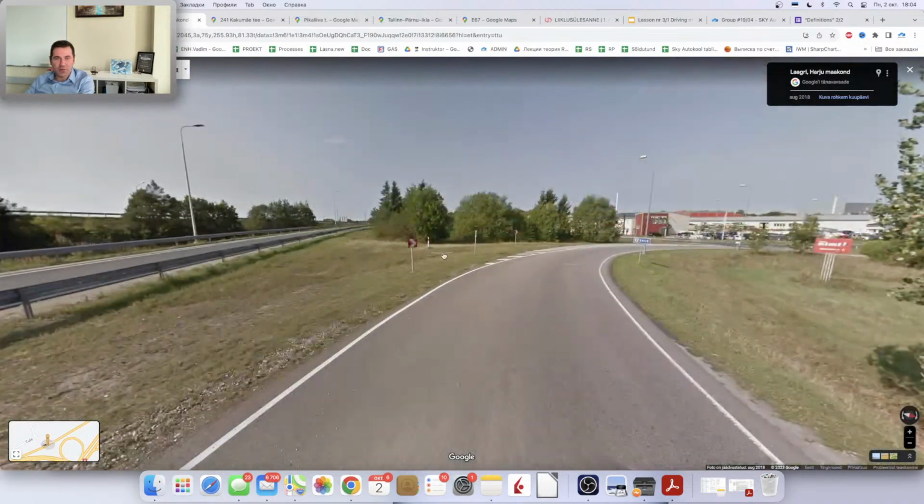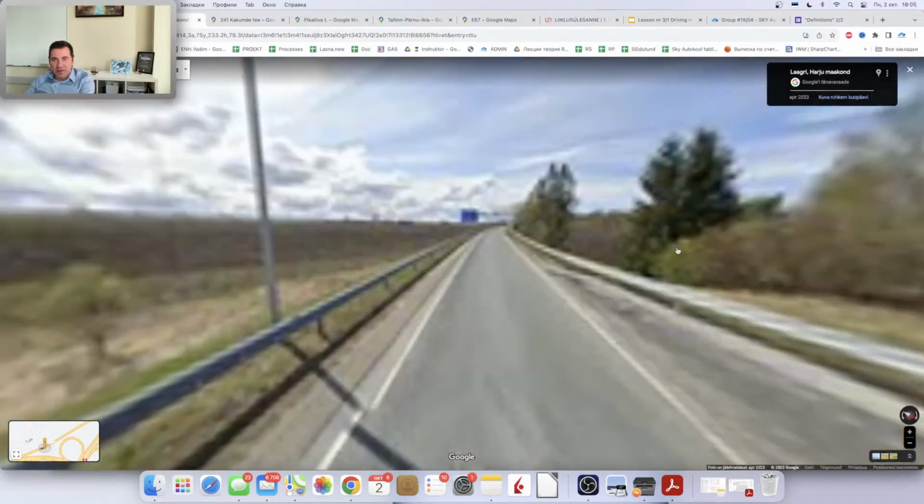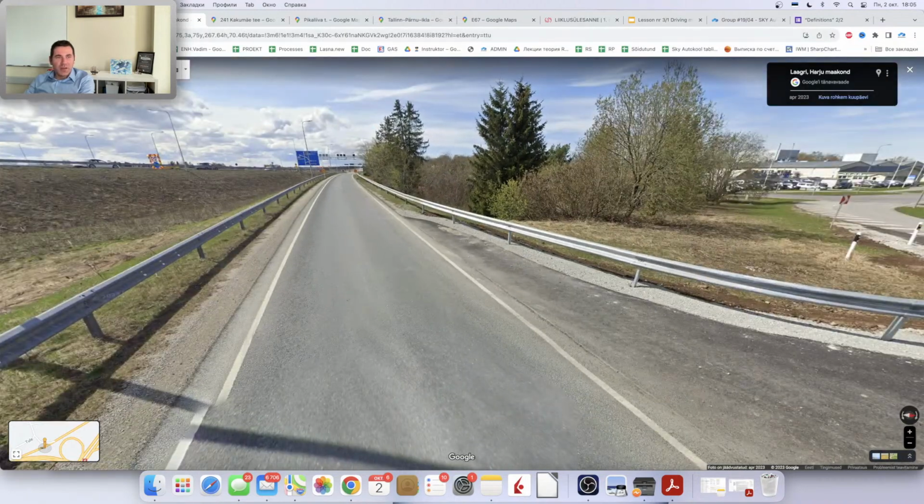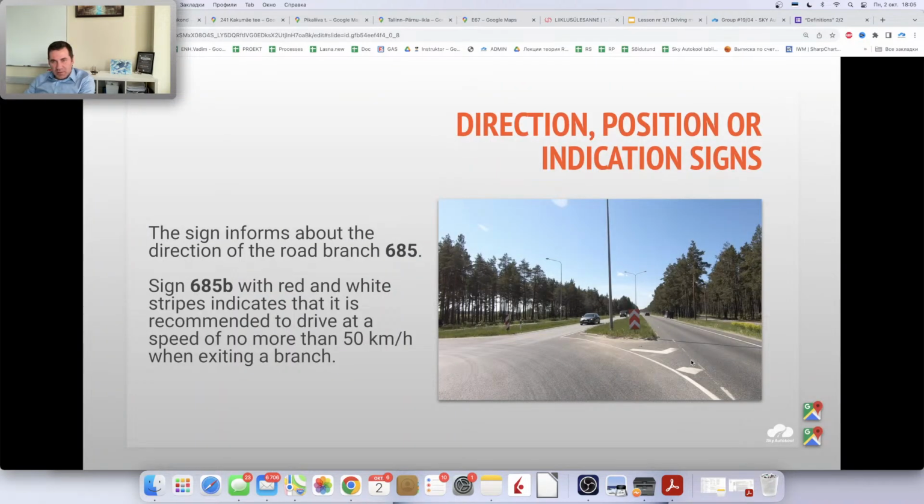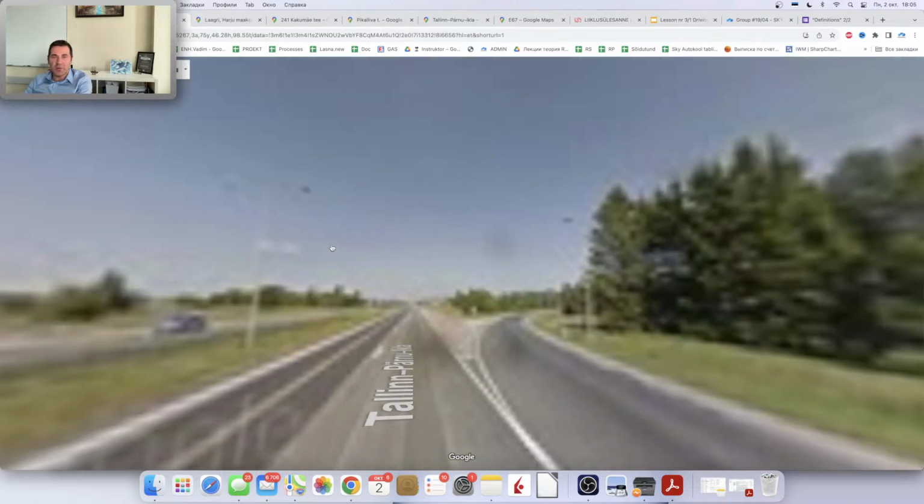Okay, and also, here is some other sign. Actually, no, sorry, I didn't say it quite exactly. It all applies only if you make a turn. For example, here you can see that if you go straight, you don't have to slow down, because straight everything is okay. But if you are making a turn, in that case you have to slow down.